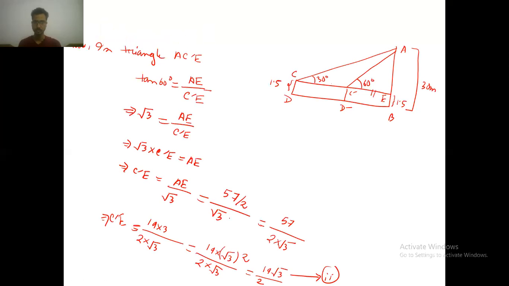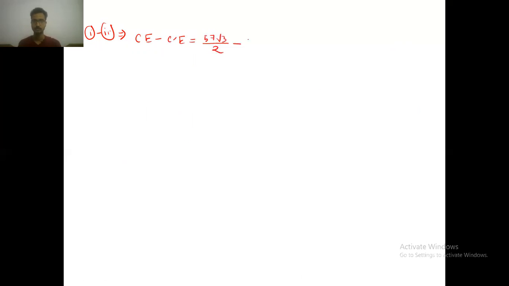57 root 3 by 2. And C dash E is your 19 root 3 by 2. Let's put the value. Now if you take LCM, LCM will be 2. So it will be 57 root 3 minus 19 root 3.